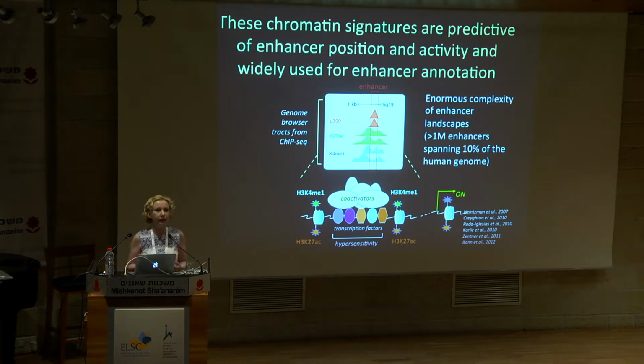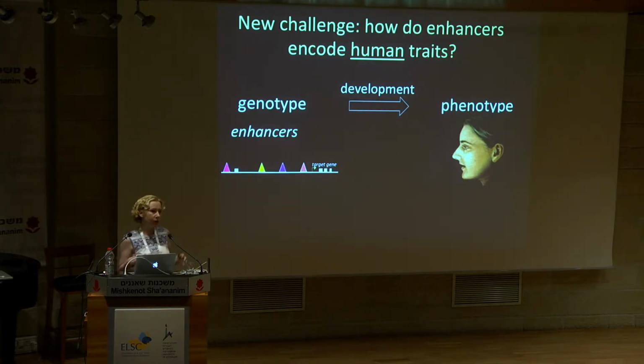And indeed, these types of approaches have been utilized by many consortia now and also individual labs, and this revealed enormous complexity of enhancer landscapes. Current estimates are that our genome harbors over 1 million enhancers, spanning roughly 10% of the human genome. But a huge challenge for the field is to understand how enhancers encode human traits.